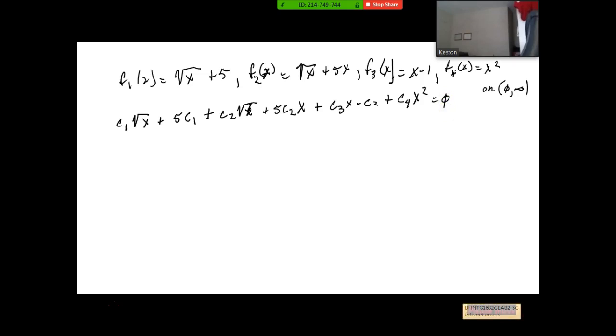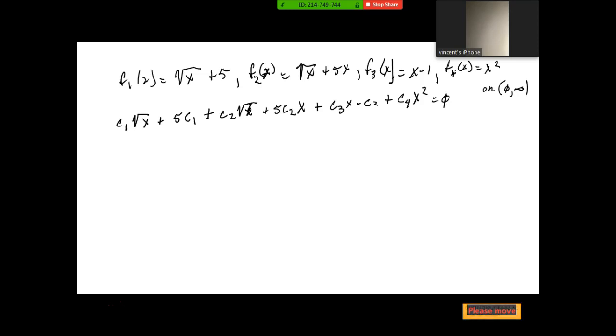If we can come up with a set of c's, not all of them being 0, certainly if you put every c equal to 0, that would equal 0. No problem there. But if we can come up with a set of c's, not all equal to 0, that would make that 0, then we've got it done.